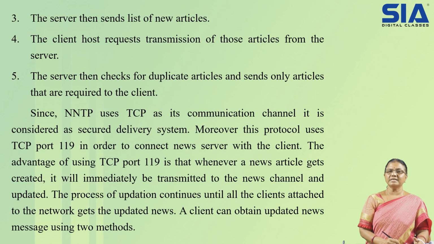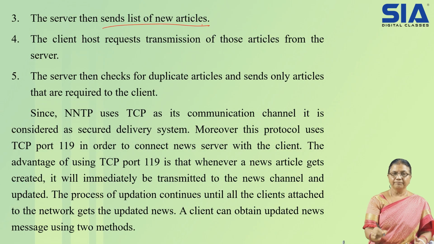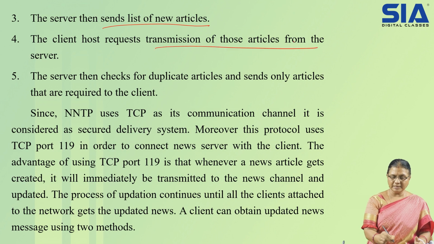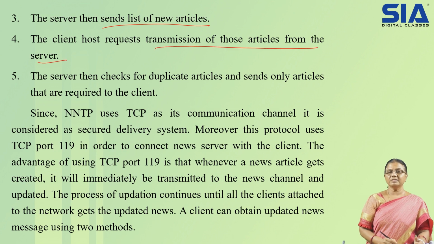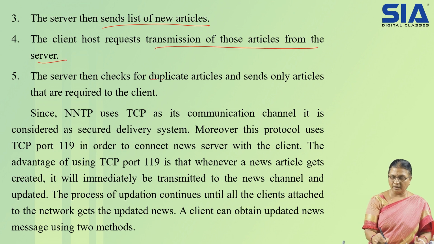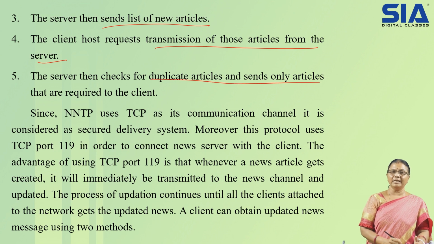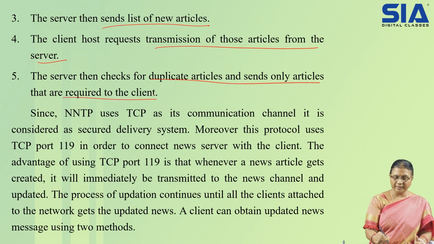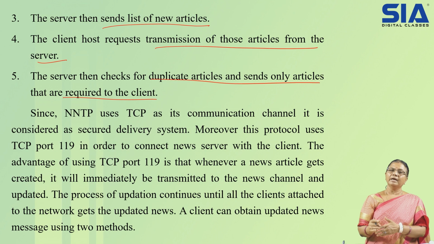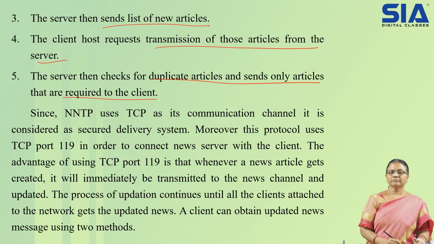The server then sends a list of news articles. Then the client host requests transmission of those articles from the server. The server checks for duplicate articles and sends only the articles that are required to the client. It filters there and sends to the client.